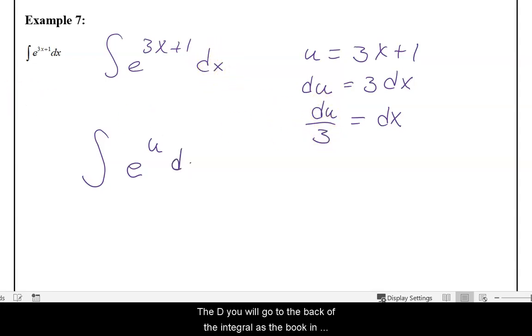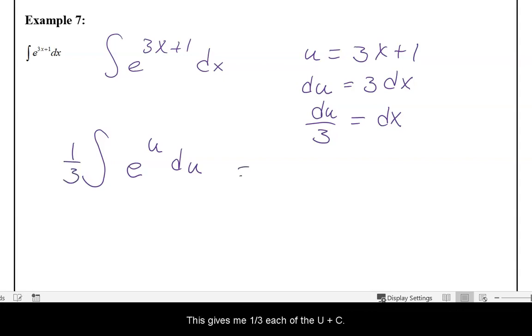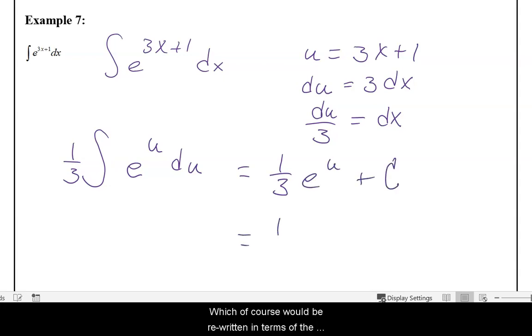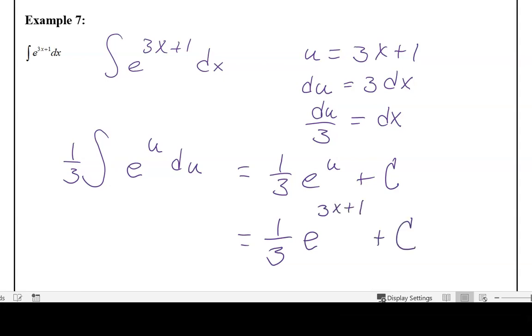The du will go to the back of the integral as the bookend for the integral symbol, and the constant 1/3 will move to the front. This gives me 1/3 e to the u plus c, which of course could be rewritten in terms of the original variable x as 1/3 e to the power 3x plus 1 plus a constant.